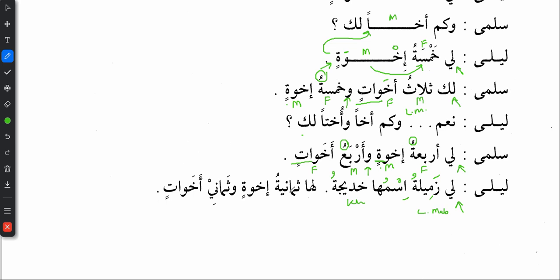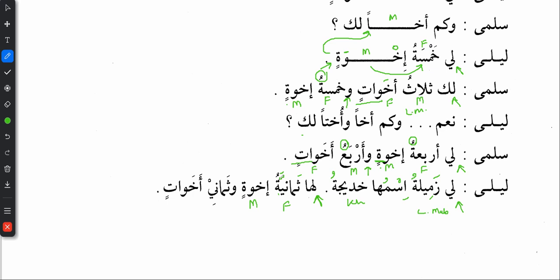And laha, this is also a shibh jumla. Thamaniyatu, this is feminine. Ikhwatin, and this is male. That's why thamaniyatu. And the spelling is with shadda, thamaniyatu, as there are two yas in the number name. Since this is feminine, that's why a ta marbuta is there.